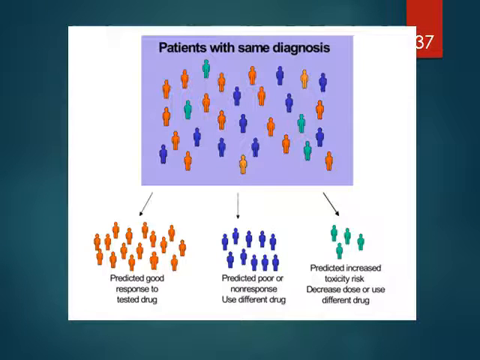Here, if you imagine all these patients who have the same diagnosis, all of them kind of interspersed, and without knowing any pharmacogenetic differences between them, you would assume they're all the same, right? What you wouldn't know, though, is that you would have some patients who may have a really good predicted response to a test drug. You may have some who have a poor response or maybe no response, and then some who are at increased toxicity.